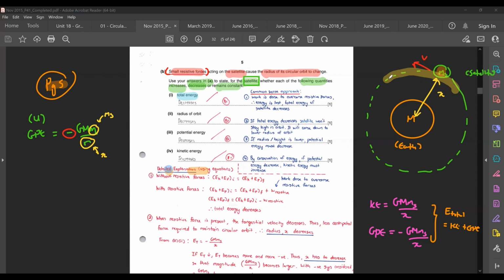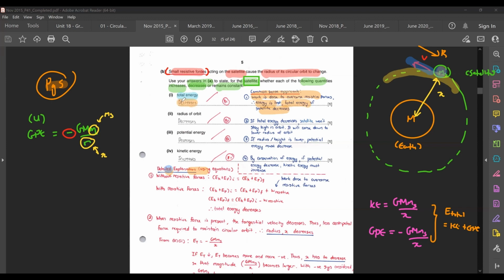Say at this point you're trying to move like this, you will have a resistive force R going like this. So when you try to move, you need to overcome the resistive forces. Work must be done to overcome those resistive forces. So energy must have been lost here. Therefore, the energy of your satellite must be decreasing.